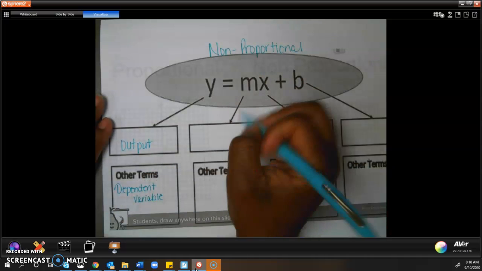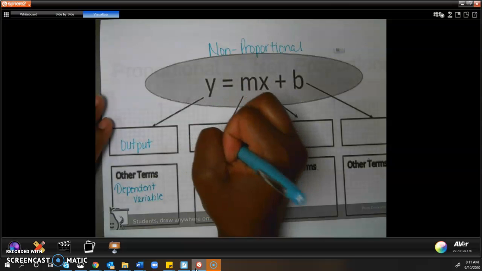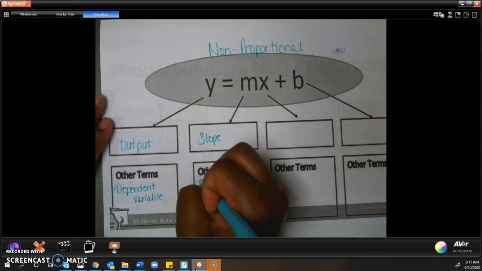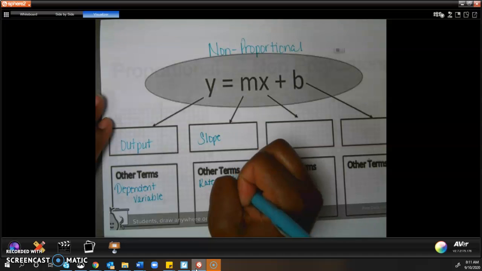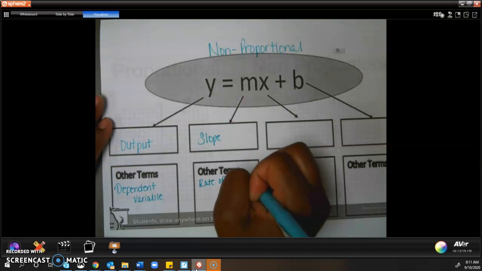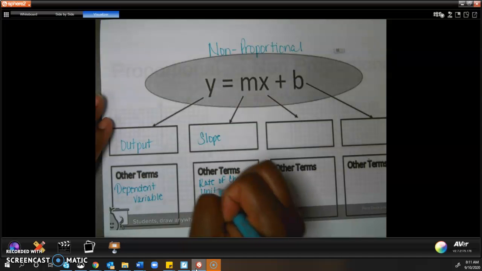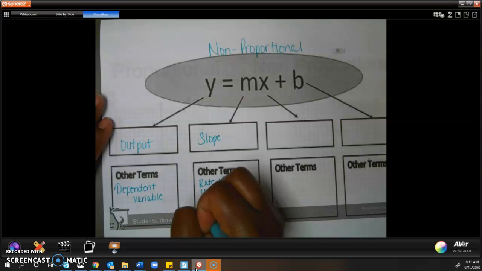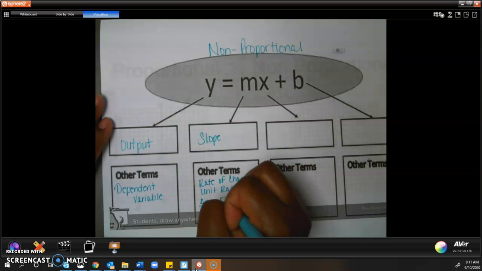Okay, m is our slope, which is also known as our rate of change, our unit rate, change in y over change in x, our rise over run.